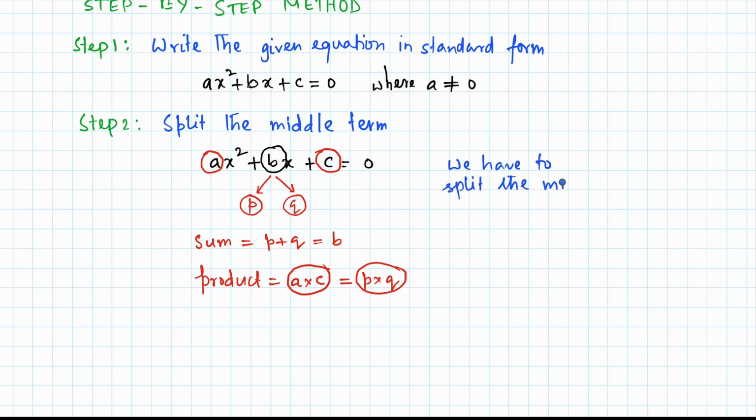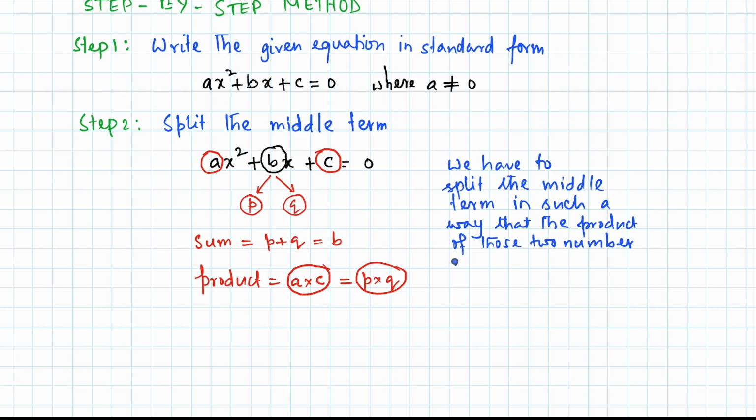So we have to split the middle term b in such a way that we get two numbers whose product also equals the product of a and c, that is, the coefficient a and the constant c.